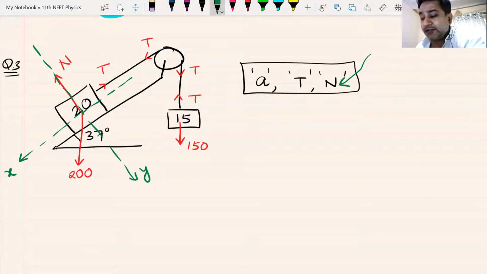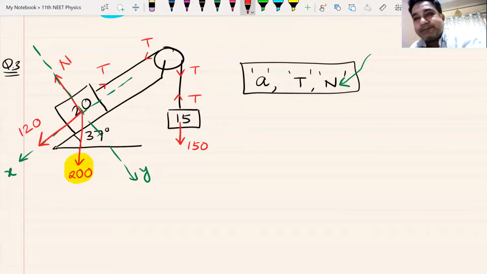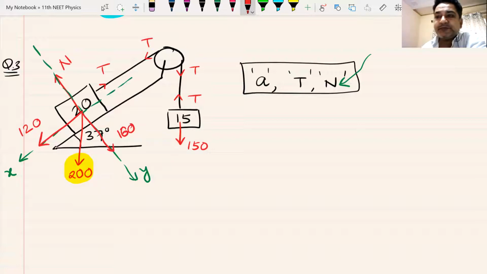Now, as soon as you get this x axis and y axis, this 200 is not along x and y, so you must resolve it. This becomes 200 sin 37. Sin 37 is 3 by 5. 200 into 3 by 5 will be how much? I think it will be 120. Am I correct? And this one will be 160.